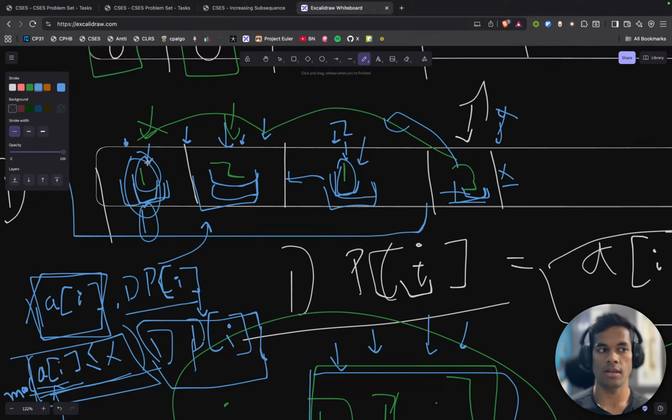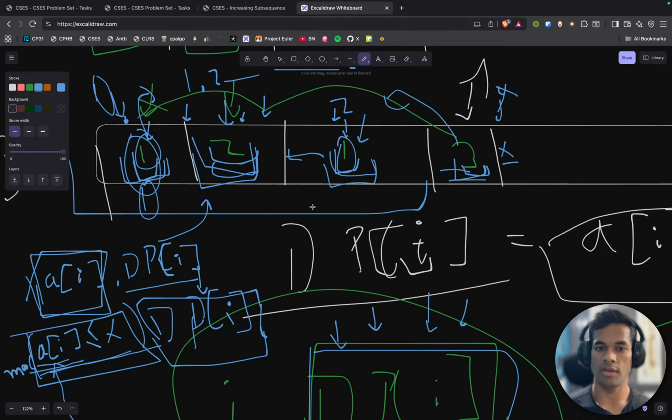So if I see a number whose length is 1, 2, or anything, pair them up with this number, and its value is going to be 1. So when I see a 2, if I see any number whose value is 2, 3, or something, pair them up with this number.